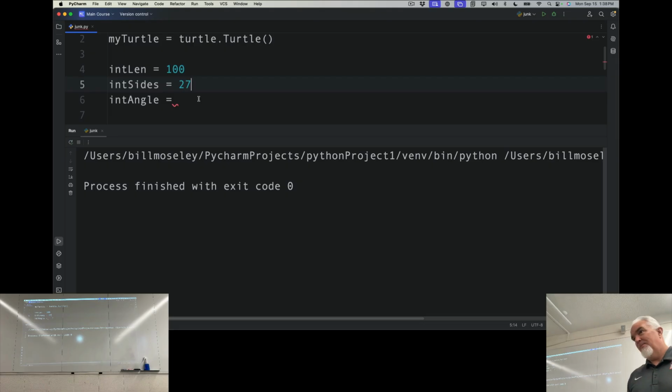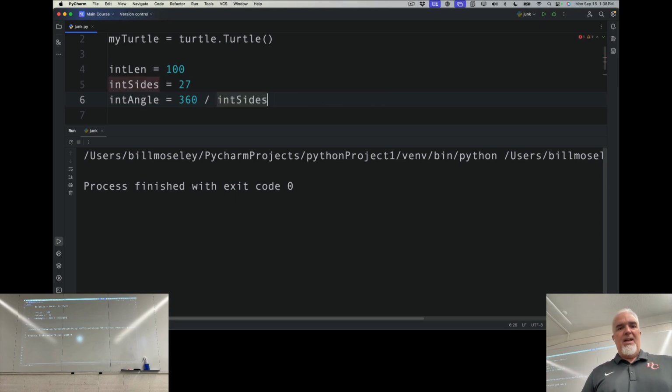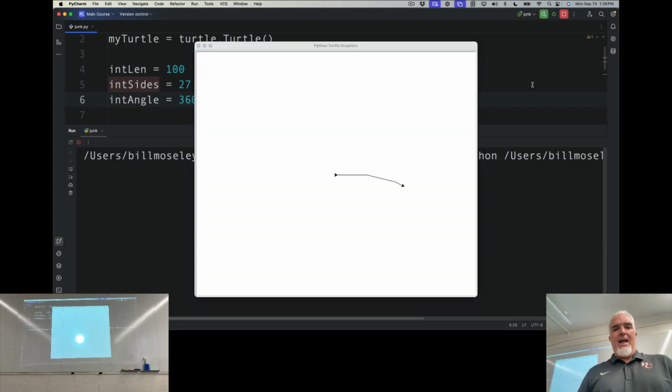Wouldn't it be easier if instead of having a static number here, I had a formula that just did the work for me? So there's an easy formula, right? You already said it. It's 360 divided by the number of sides. So if I go 360 divided by the number of sides, now I can make any shape.